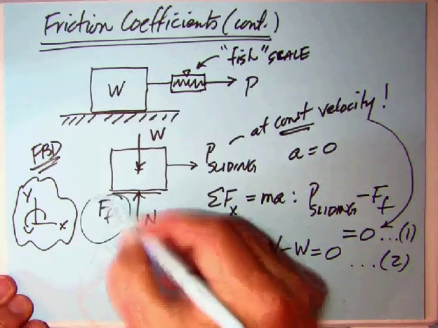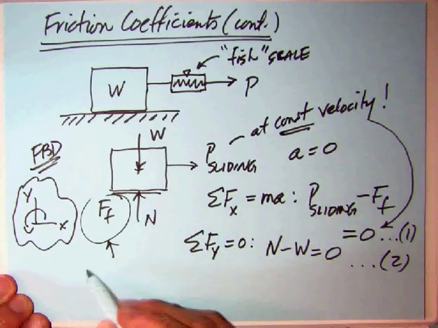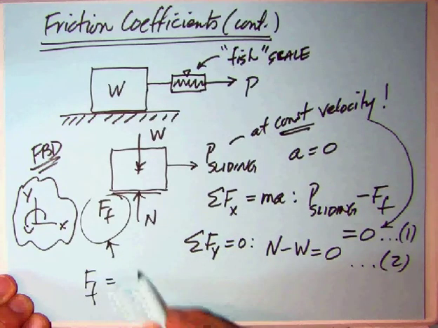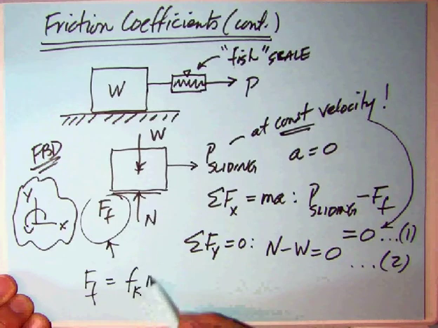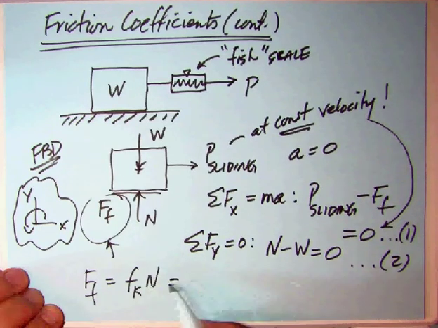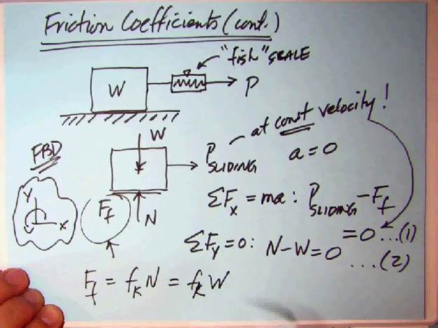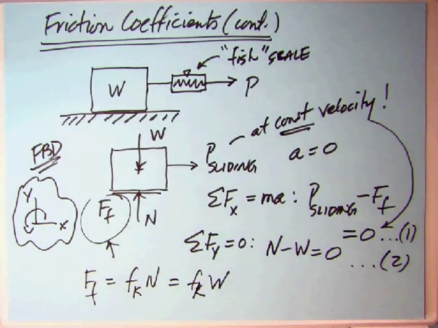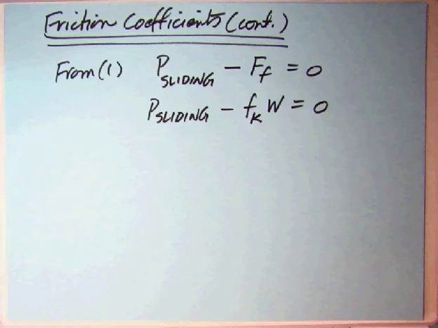And our friction force here, with sliding, is just our Fk times N, and here N is equal to W. Okay. So let's pull all that together on the next page.